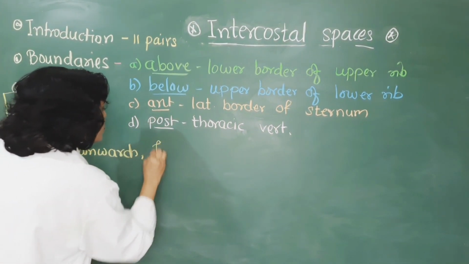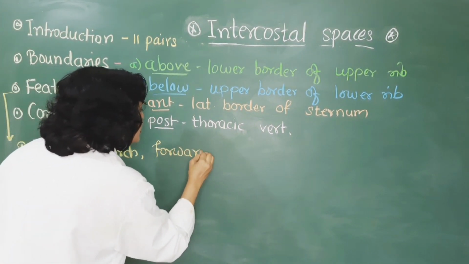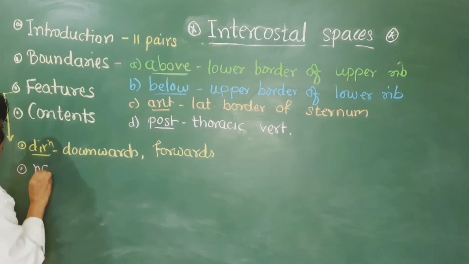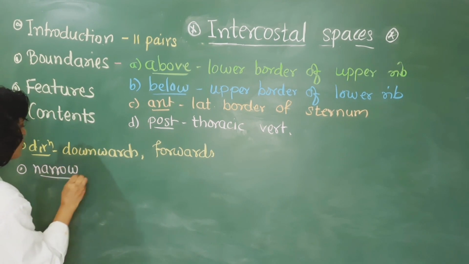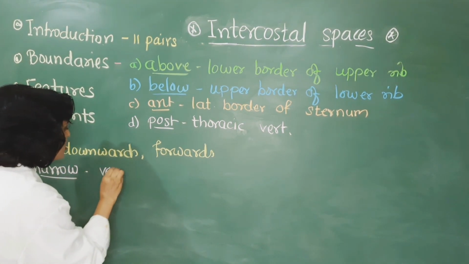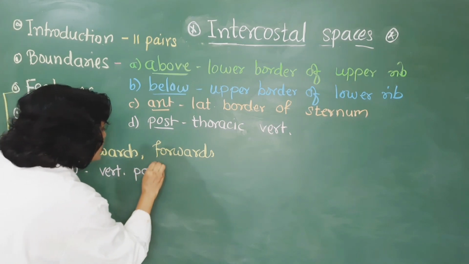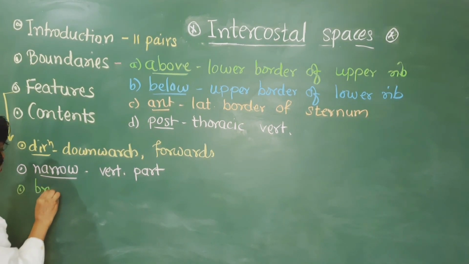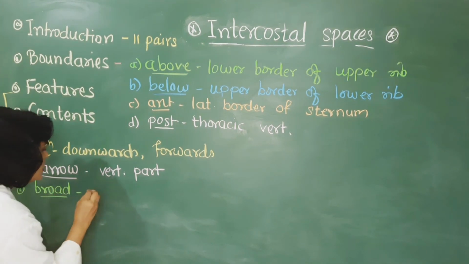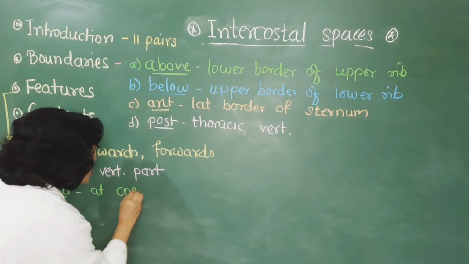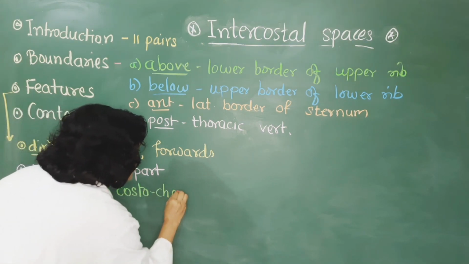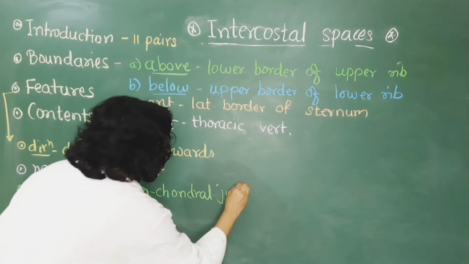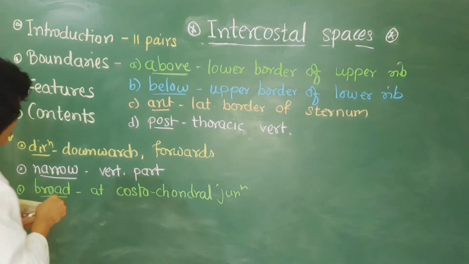Then, as I told you during the model, it is narrowest near the posterior end or the vertebral part, while it is broadest or widest at the costochondral junction, that is the junction between the rib and its cartilage.